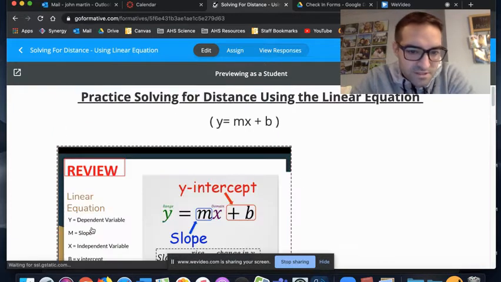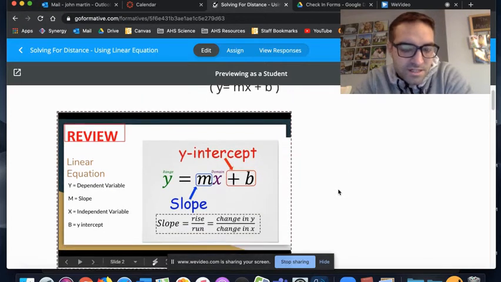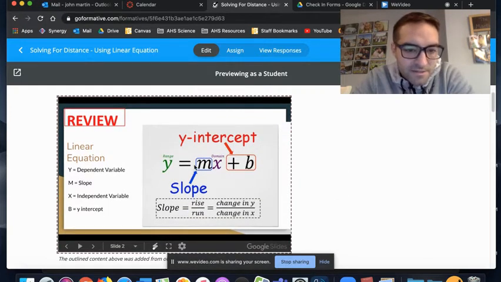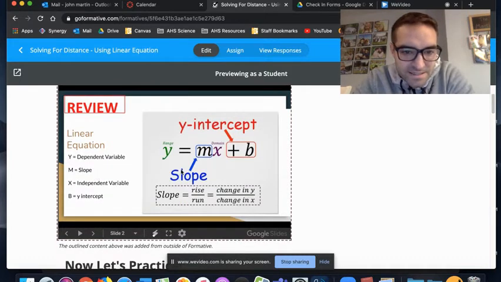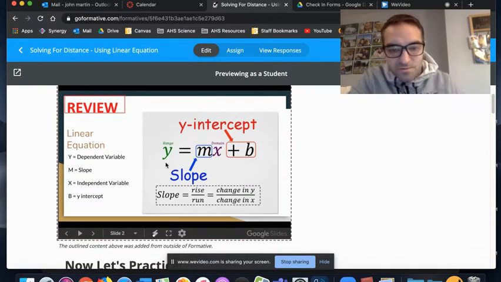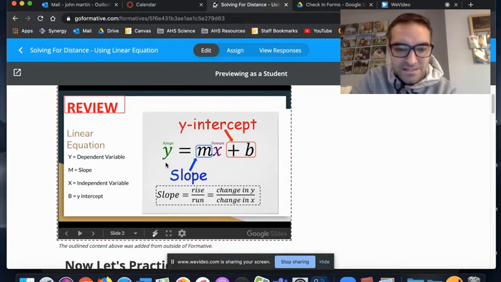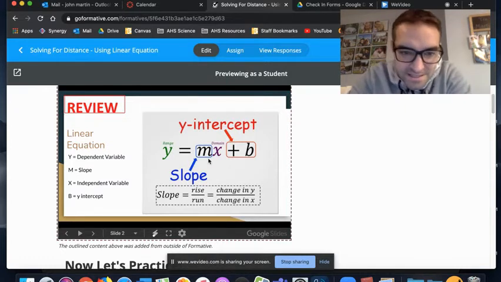So solving for distance, I've got the slideshow here again. This is a little reminder on how y equals mx plus b relates to our experiment and collecting data in science. Again, we're probably more familiar with this from math class in the past. And this is the equation for a straight line.